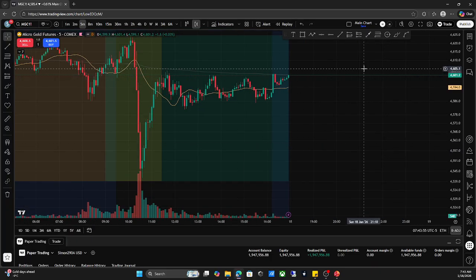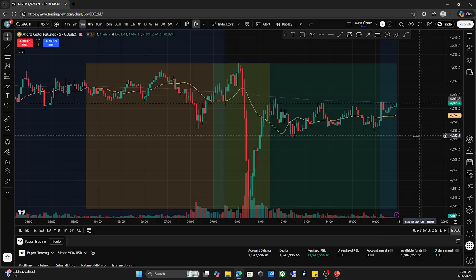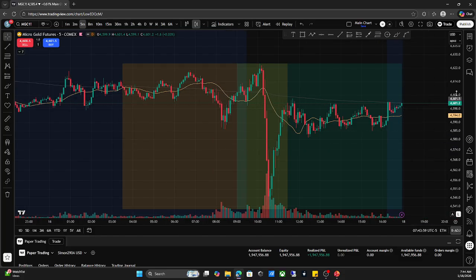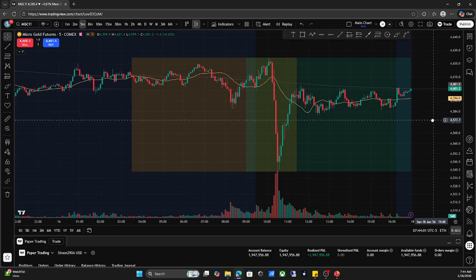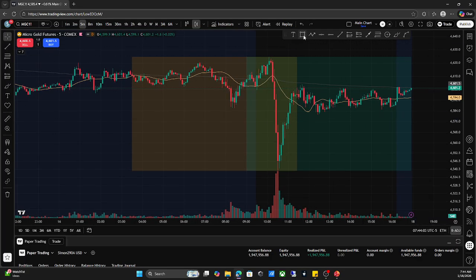I do have some lines here which I use sometimes, but this strategy is strictly going to focus on the New York opening. So what I do is, see, this is the time frame. The time is down here, the clock, the hour.